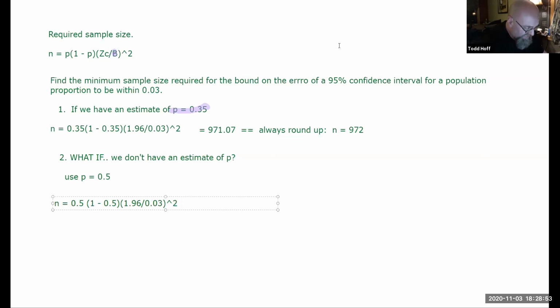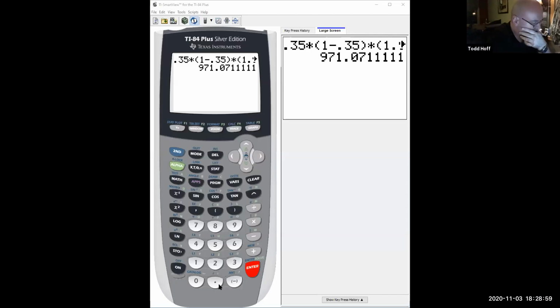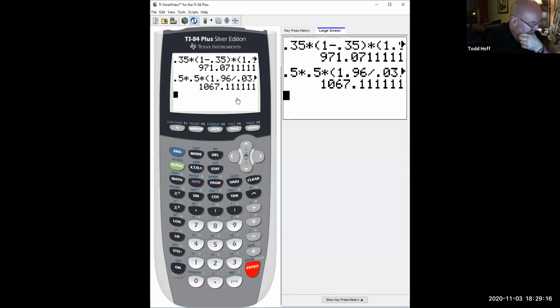Let's calculate that out and see what happens. So we've got 0.5 times, now 1 minus 0.5 is just 0.5 again, so I'm just going to enter that. What's in this parentheses doesn't change, 1.96 divided by 0.03. Then it's still squared.